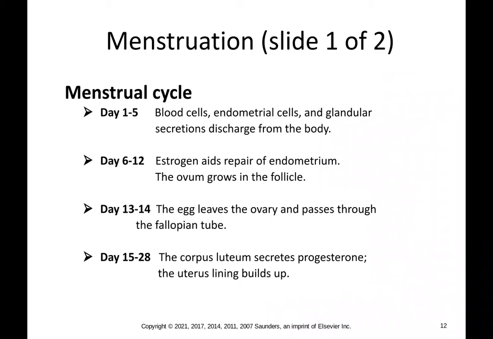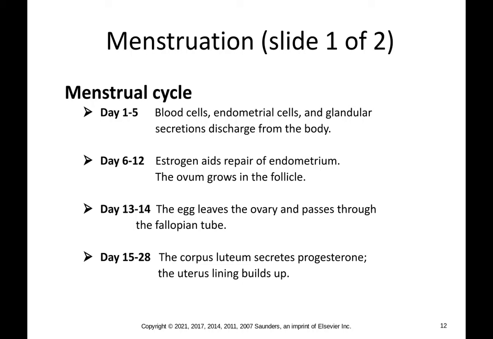Menstruation. So during the menstrual cycle, on days 1 through 5, the blood cells, endometrial cells, and glandular secretions are being discharged from the body. During day 6 through 12, estrogen aids the repair of the endometrium, and the ovum grows in the follicle. Around day 13 or 14, the egg leaves the ovary and passes through the fallopian tube.